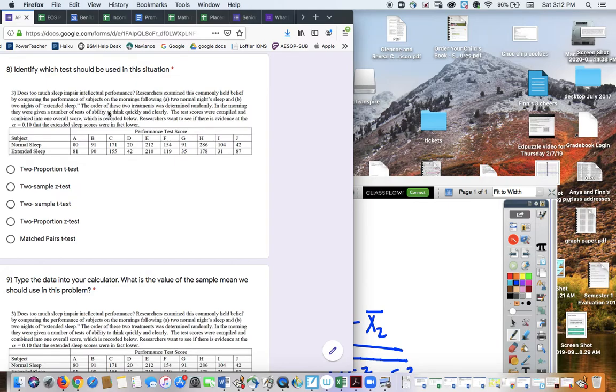We've got subjects who had to perform, and I don't know what they're performing, but we're comparing their performance: 2 normal nights of sleep versus 2 nights of extended sleep. It says the order of the 2 treatments was determined randomly.